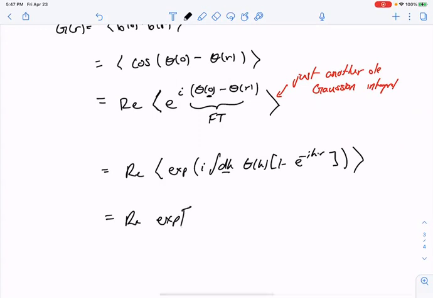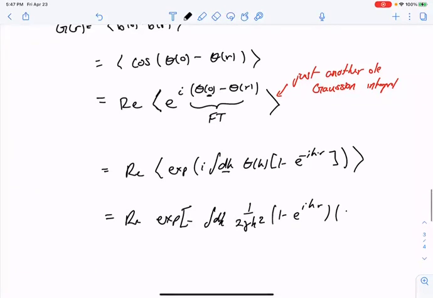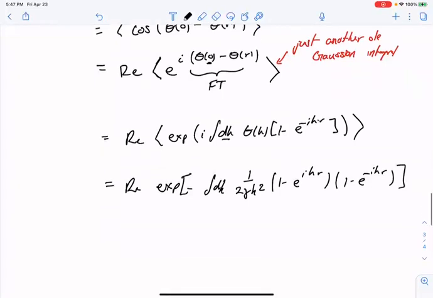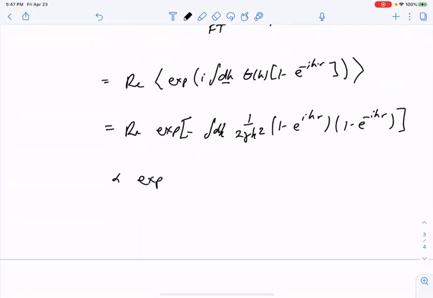That is the real part of the exponential of minus integral over k, the inverse, our correlation function, one over gamma k squared, and then 2 factors of the thing multiplying our Gaussian variable theta. The real part of which is just proportional to the exponential of the integral 1 over gamma k squared e to the i k r, the Fourier transform of 1 over gamma k squared.